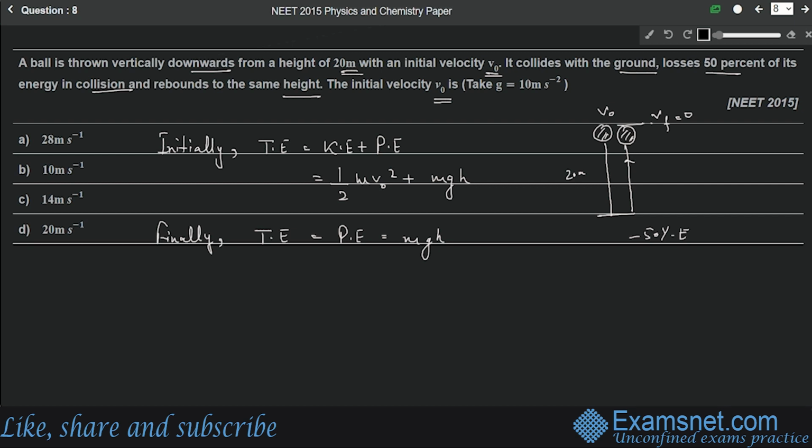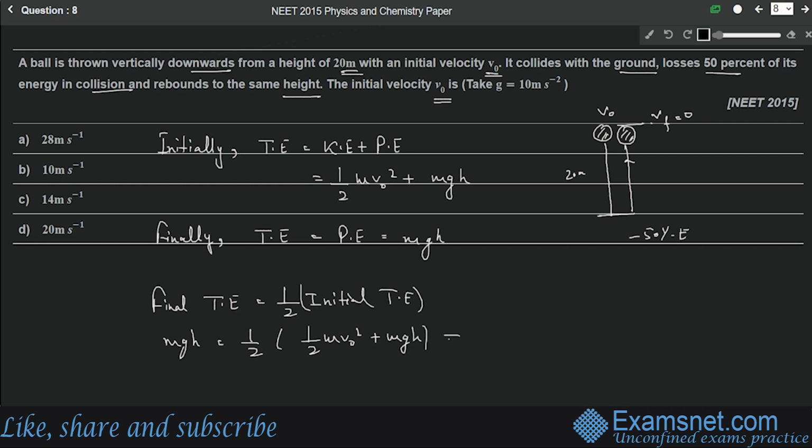But it is given that when it collides with the ground, it loses 50% of its energy. That means the final total energy is half of the initial total energy, because half the energy has been lost. So we can say that mgh is equal to half of (half mv0 square plus mgh).